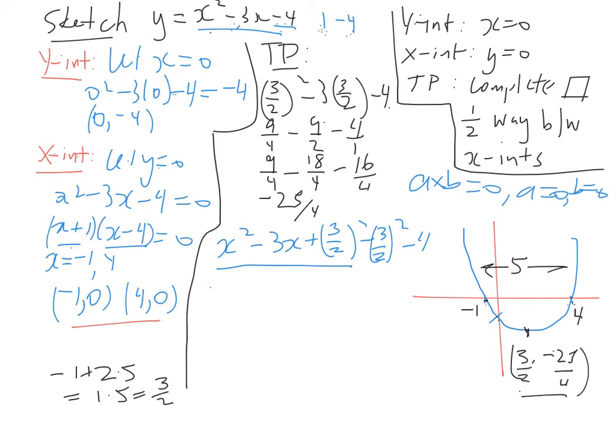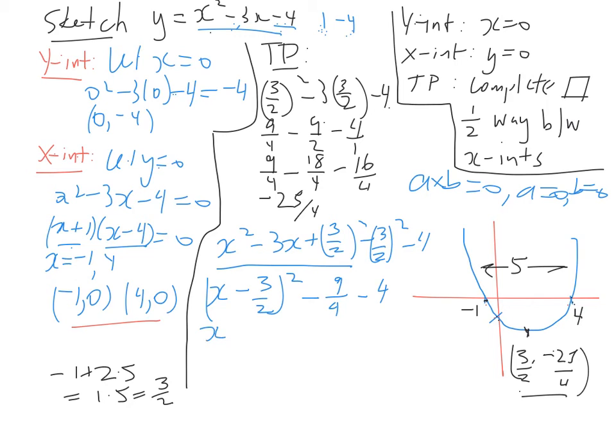Factorise those first 3 to (x - 3/2) all squared minus, 3 over 2 all squared becomes 9 over 4, minus 4.